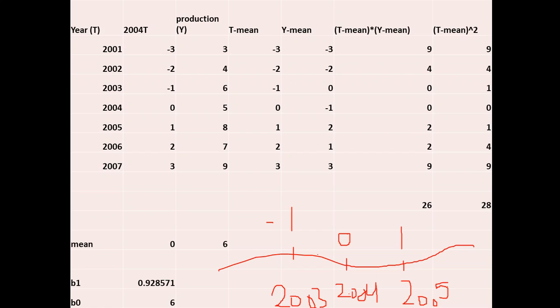We can find B0 and B1. So y hat equals B0 plus B1 t.